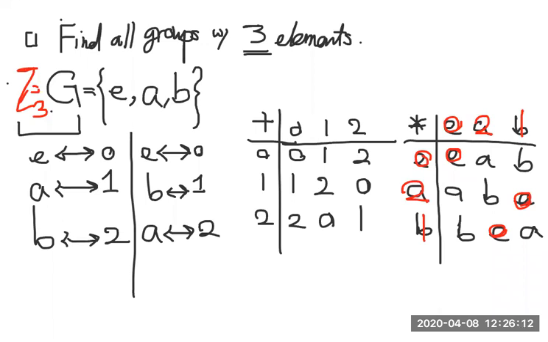Look, 0 plus A is 2, or A. 0 plus B, or 0 plus 1 is B, so it's 1. Here, 0 plus 2 is 2, 0 plus 1 is 1. Here I have 2 plus 2. 2 plus 2 is 4, mod 3 is 1. And A plus A is B, so that would be 1. And 1 plus 1 is 2.